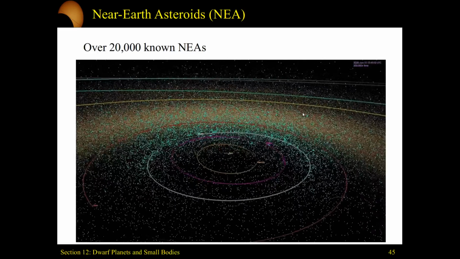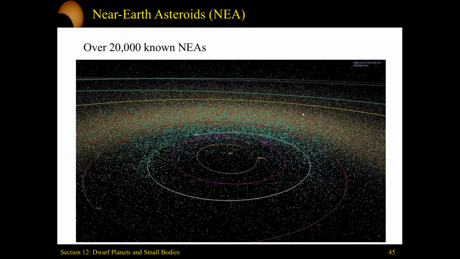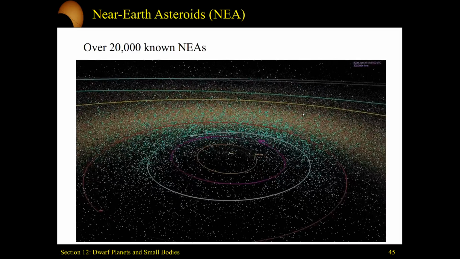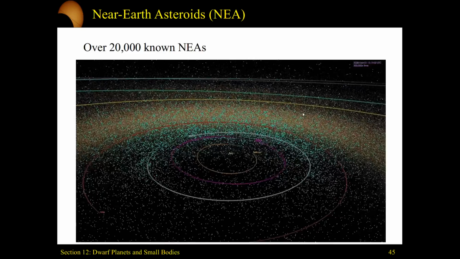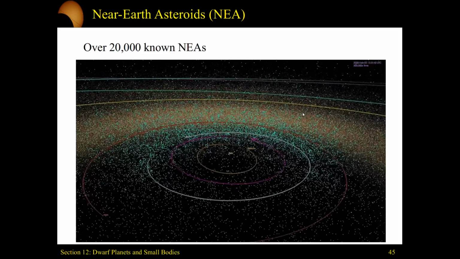And here are some simulations of them floating around our solar system. Good news is, we're not too worried about these things. None of these objects have any orbital paths that bring them close enough to hit Earth, at least in the time span of human civilization. But just keep this in the back of your mind that yes, there are a lot of objects out there pretty close to us.